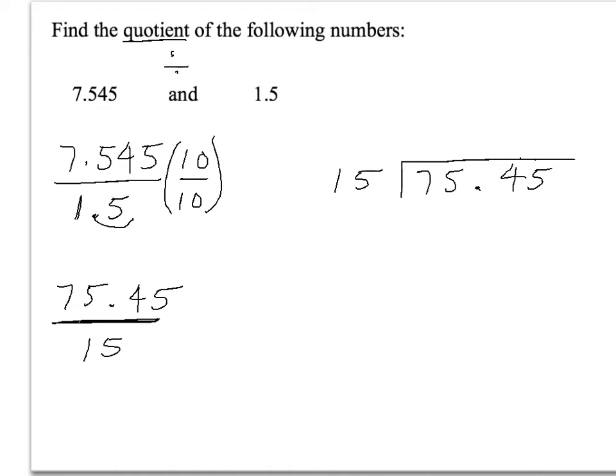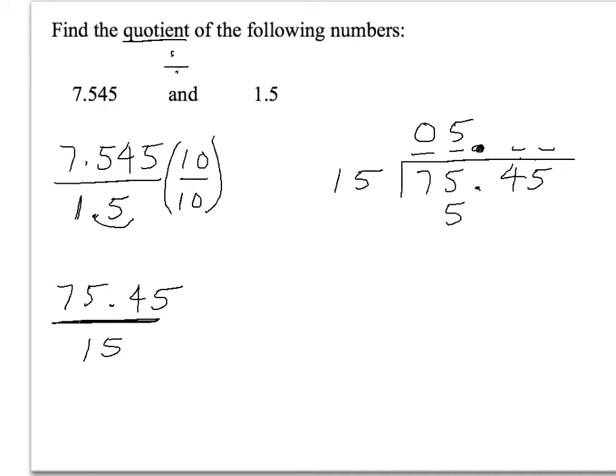Now it's a nice whole number, so we're good to go. All right, bring the decimal straight up. And I'm going to put an answer over each of these digits. Just make sure I don't miss anything. And then start going for it. All right, does 15 go into 7? Nope. Does 15 go into 75? Well, that's about 5 times, I think. Let's try this. 5 times 5 is 25.